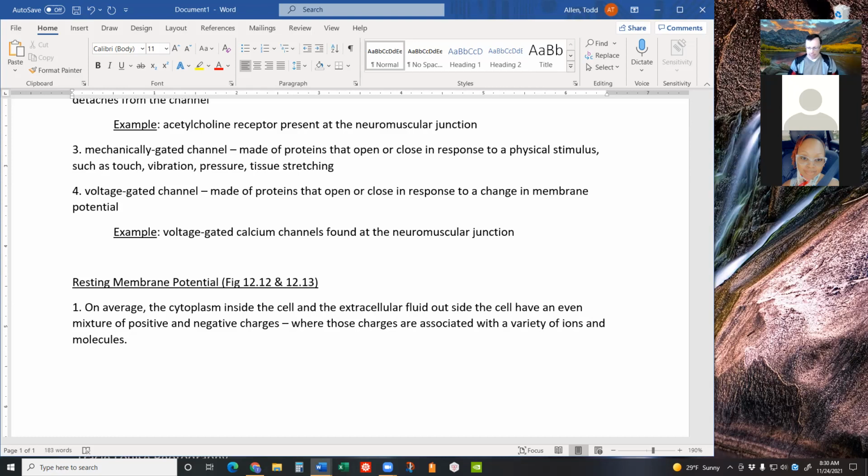Okay, so the take-home message is that the average electrical status of the cytoplasm and the average electrical status of the extracellular fluid, again, on average, is neutral. Okay.